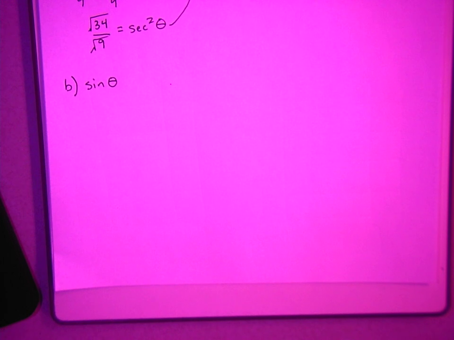On the back, the first one is the same one again. Cosine squared plus sine squared equals 1. And then you plug that into, but the square root came down.